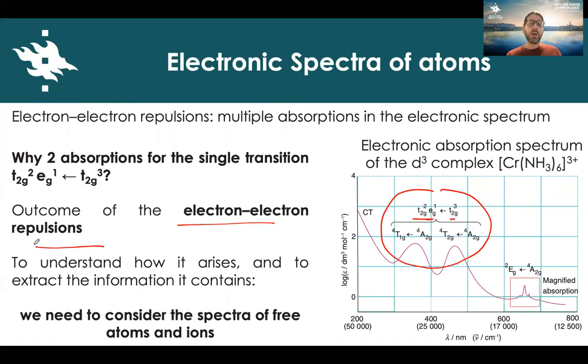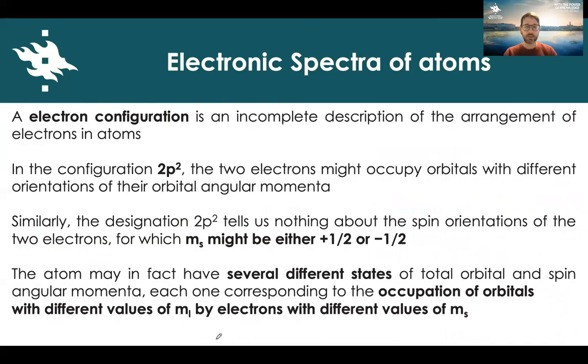To understand this, we need first to consider the spectra of free atoms or ions before we consider the spectra of the complexes. So let's suppose we are talking about free atoms or free ions, so no complex, just the metal atom or ion.